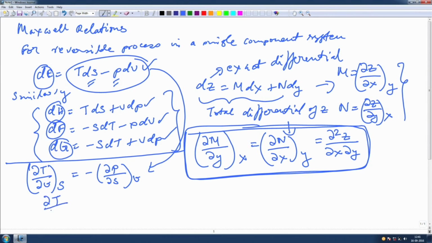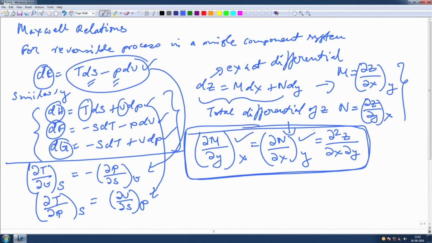Similarly, you can write dT by dP at constant S is equal to dV by dS at constant P. That is the second relation. You just have to assume that this is your M, this is your N, and then correspondingly apply this particular form. Then you will get these relationships.